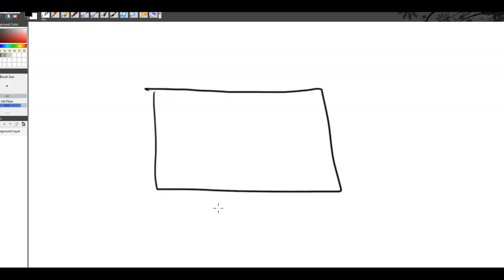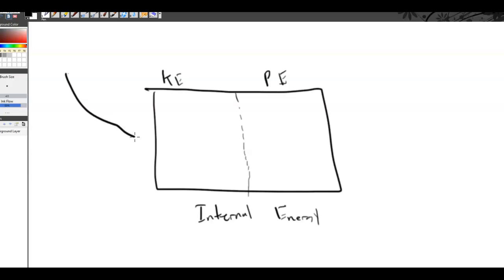And so you can kind of think, let me take this off for just a second. Okay, you can kind of think as you have this box, and let's say this whole box is internal energy. Again, that has to do with the energy of the atoms or molecules making up an object. And there are two parts to that. There is the kinetic energy part, and there is the potential energy part.